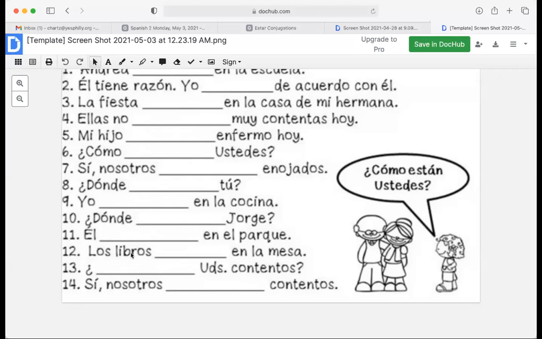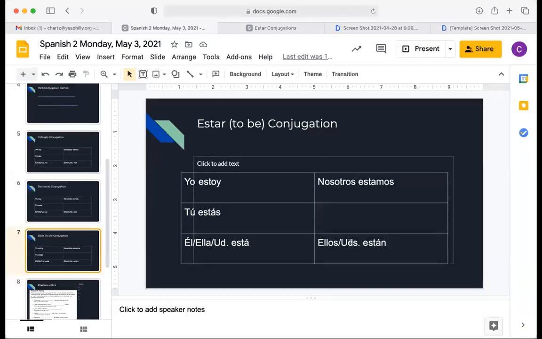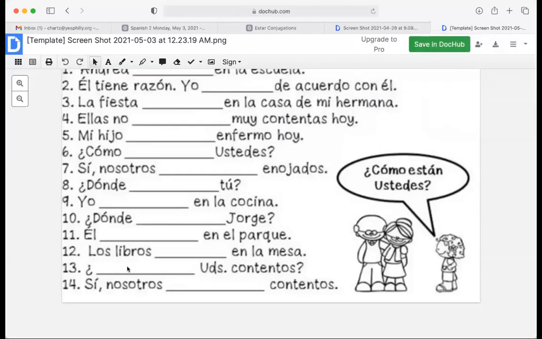Los libros, which is they, right? The books, they are on the table. So that would be the they form, so están. 13 is ustedes, which I know right here it is. I know that's just an abbreviation, so don't worry about that. Number 14 is nosotros, we.